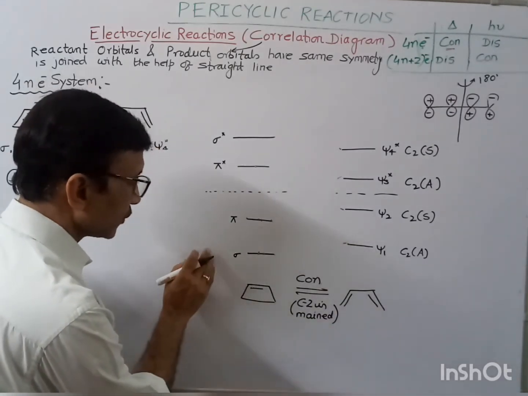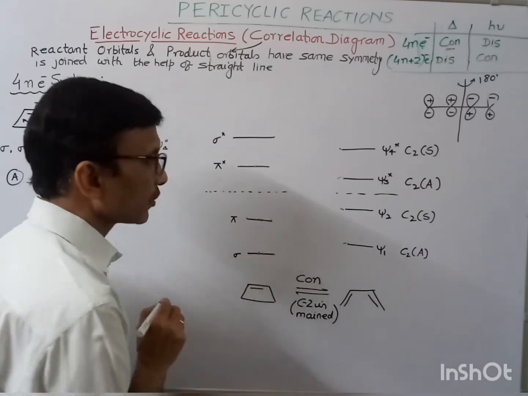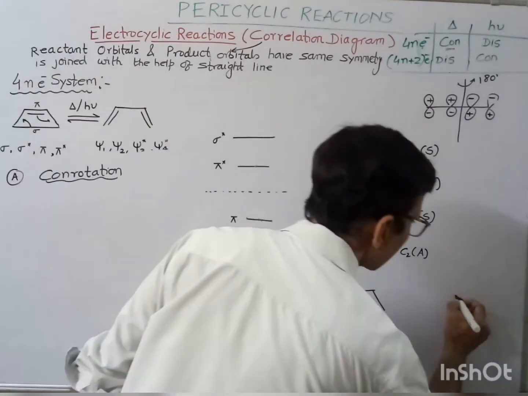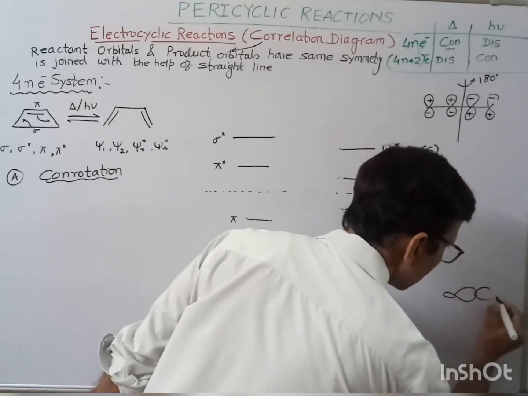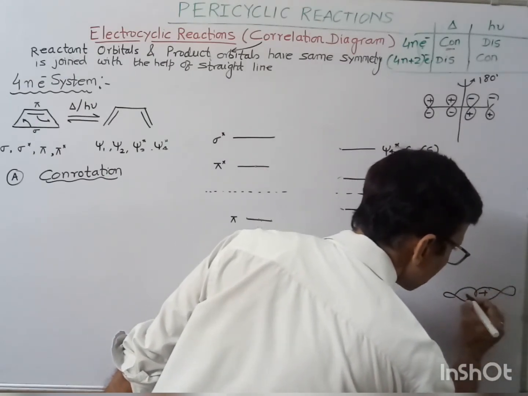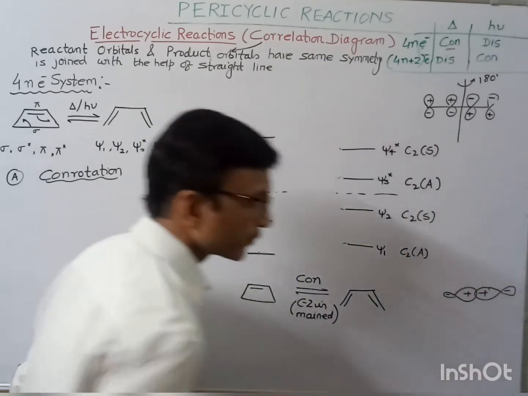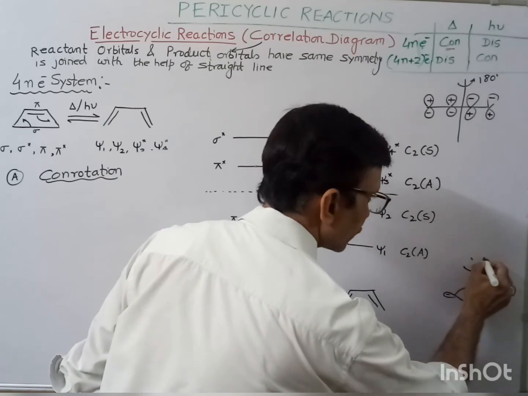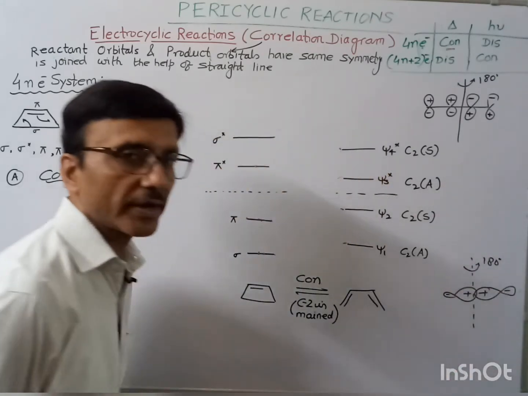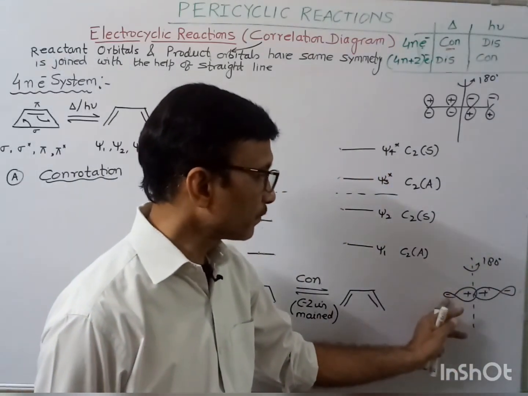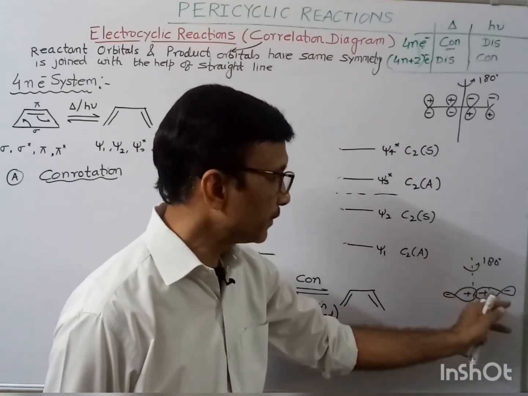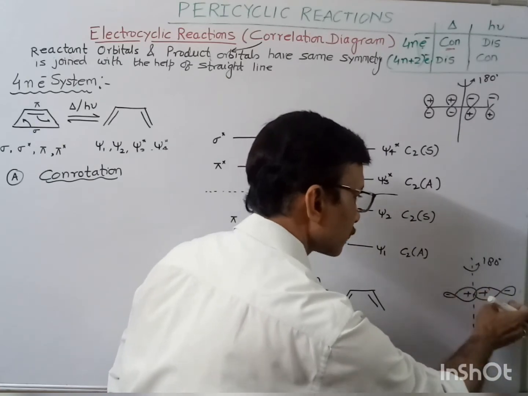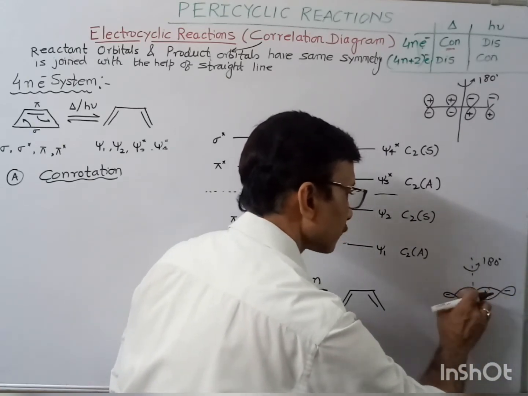So here, if you see sigma, what about sigma? Is sigma symmetric with respect to C2 or not? This is our sigma: plus, plus, minus, minus. If you pass the rotation axis and rotate it by 180 degrees, in place of minus, minus will come, and in place of plus, plus will come.